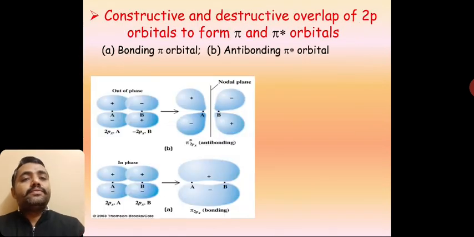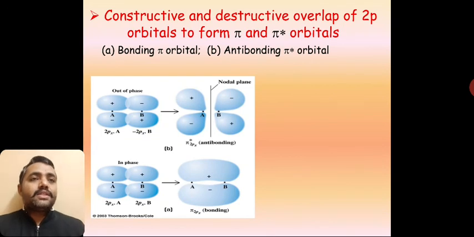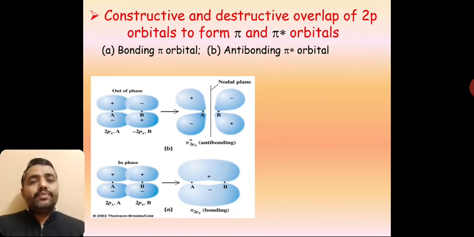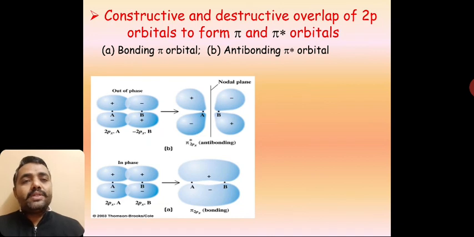You can show here the constructive and destructive overlap of 2p. You can take it as x or as y, no problem at all. 2px overlapping with 2px is positive overlap, forming the pi 2px bonding molecular orbital, and negative overlap forms pi star 2px.